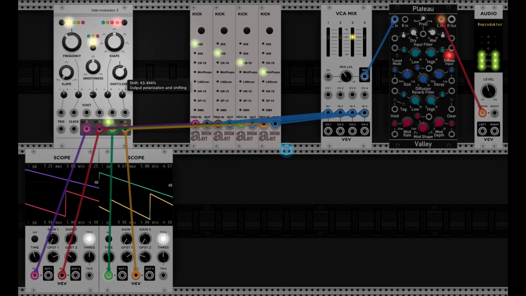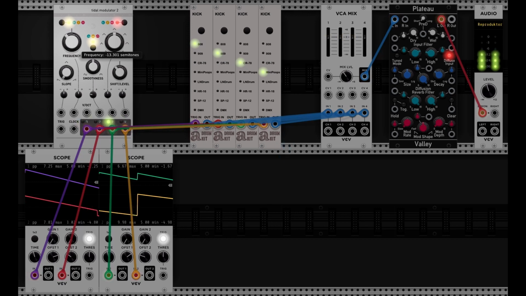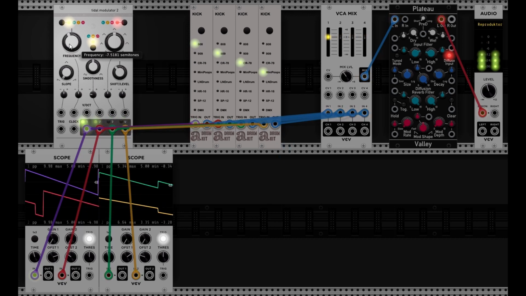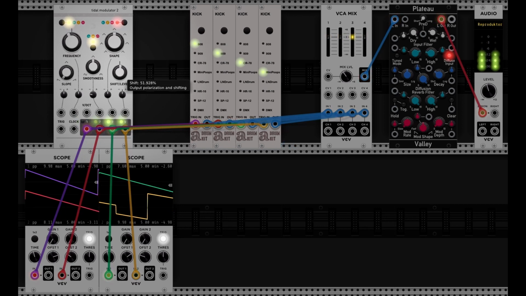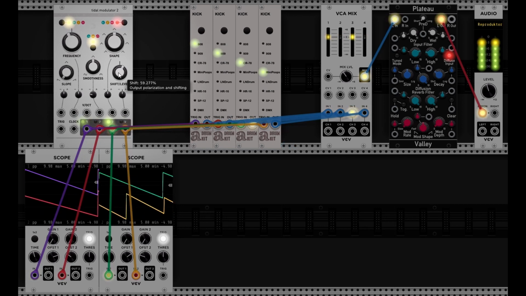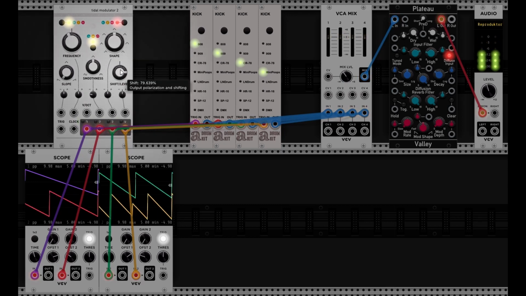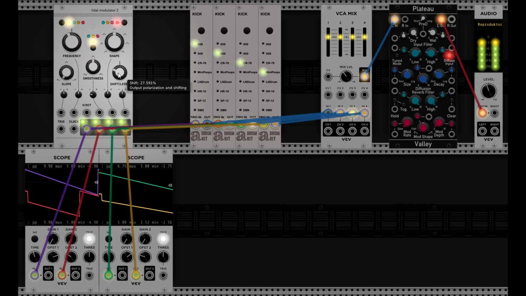Let me mess around with the shift level knob a bit. A little bit higher frequency. All right, I think you have got it.